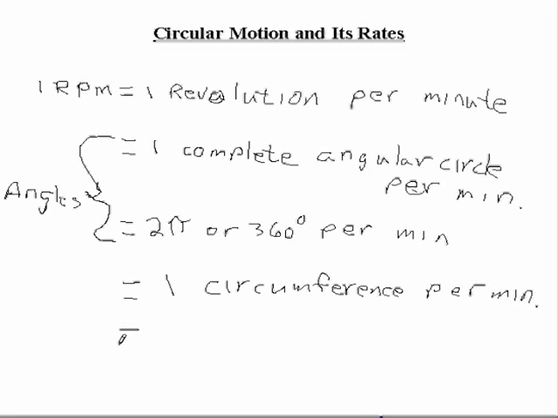Now, let me add 1 more to that. Since we know the circumference is 2 pi r, then it's 2 pi r inches, feet, yards per minute. So here's the relationship for linear.